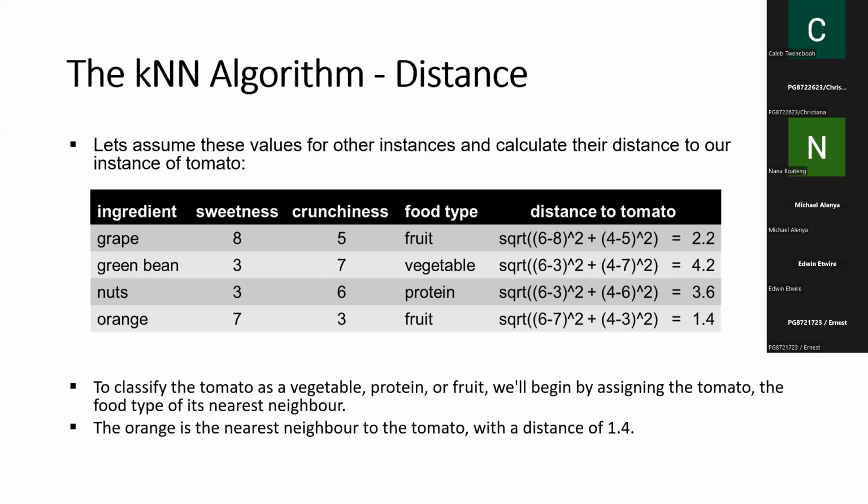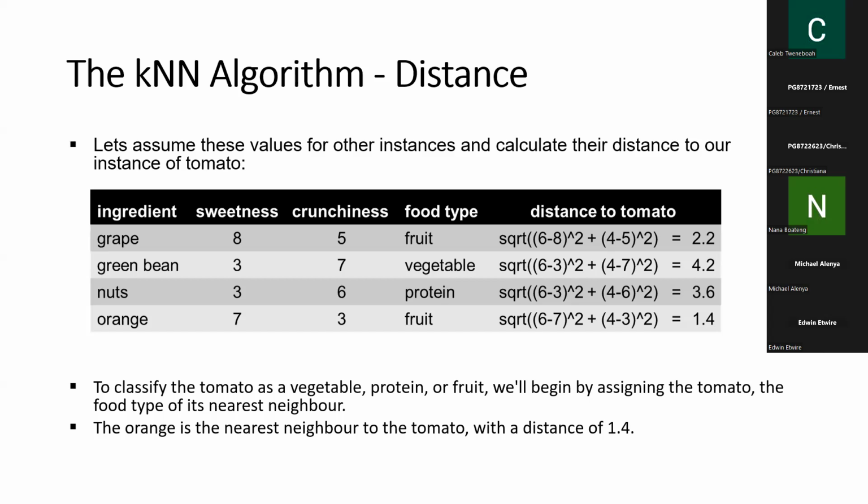So I'm asking, out of these 4, which one is very close to tomatoes? Or which one is very similar to tomatoes? Grape, green bean, nuts, orange. Orange.